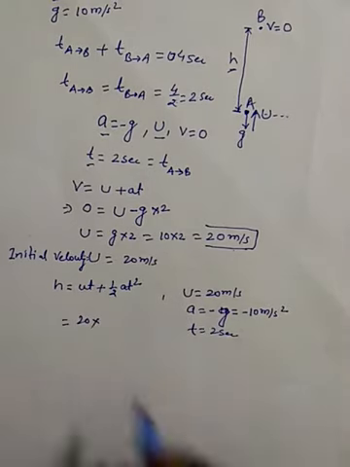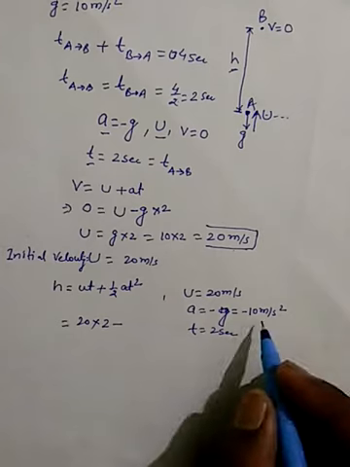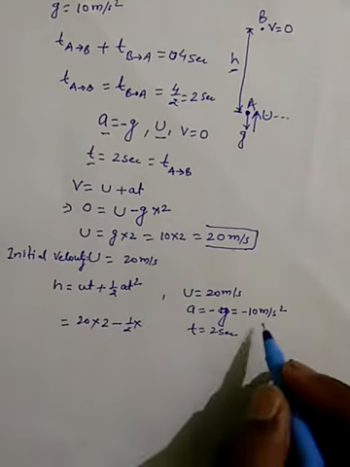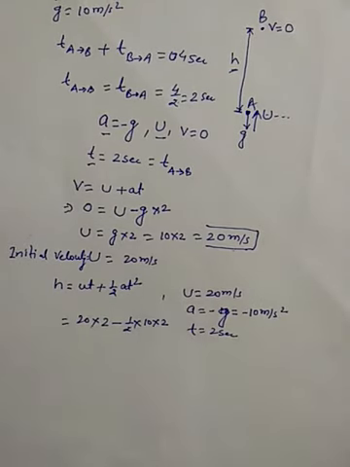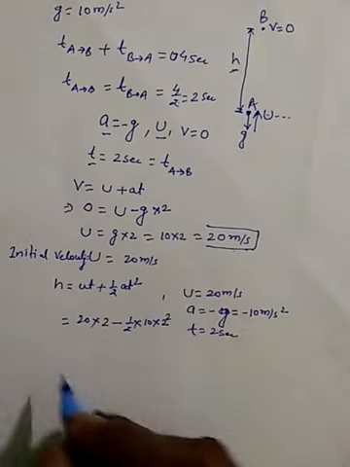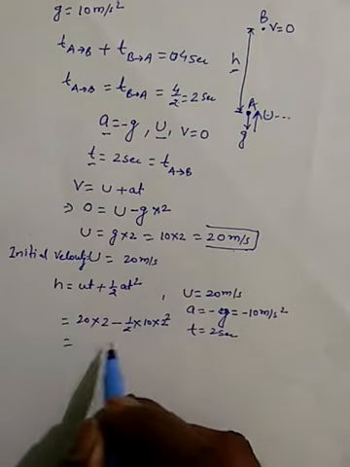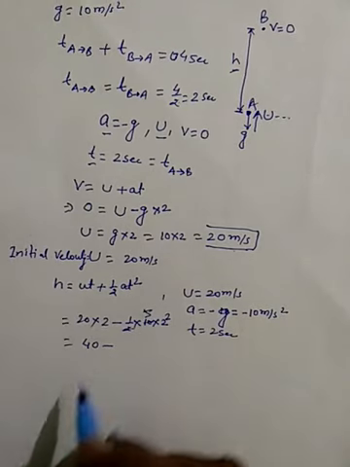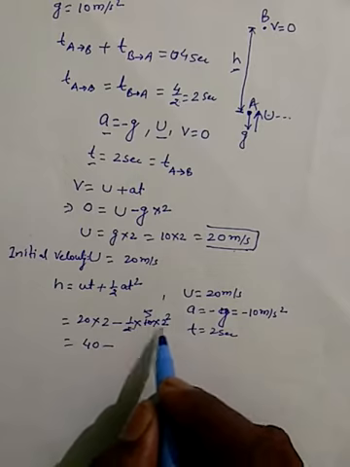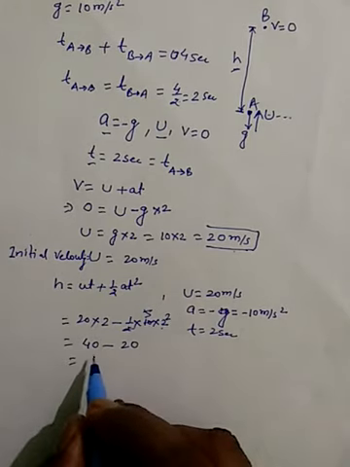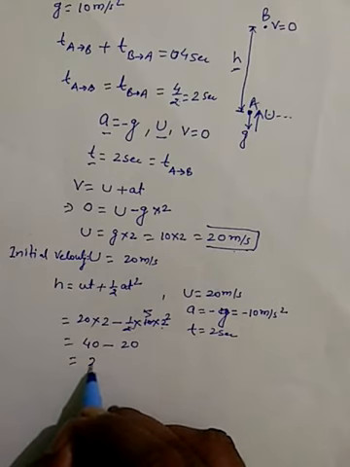20 into 2, and here g will be negative, therefore minus half into 10 into 2 square. This is 40 minus, half of 10 is 5, 2 square is 4, and 4 into 5 is 20. So 40 minus 20 equals 20.